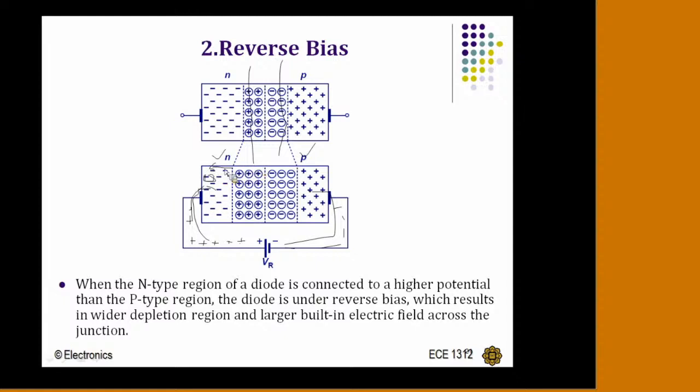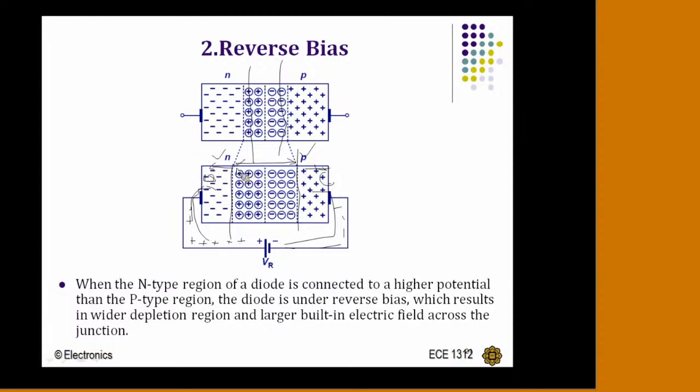Not only this way, this side also: electrons are entering the P side, and these electrons and holes recombine. Due to the large reverse voltage, some of the electrons recombine with the holes. Because of this, the width of the depletion region will become more and more. It is going to increase the width of the depletion region.